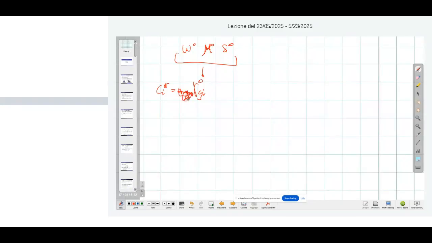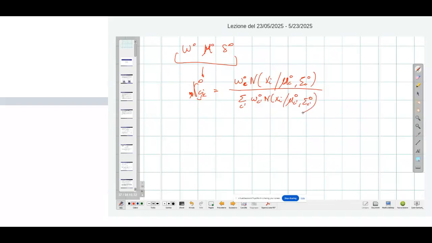We are not doing the argmax operation anymore, but each of these terms is computed by taking w_c^0 normal for x_i, sample i, with mean mu_c^0, sigma_c^0, of course these are all 0 because they are the current parameters, divided by the sum over c prime of w_c'^0 normal of x_i, mu_c'^0, sigma_c'^0. We were already doing this in the previous procedure. We needed this to compute cluster labels, so these are the same terms.